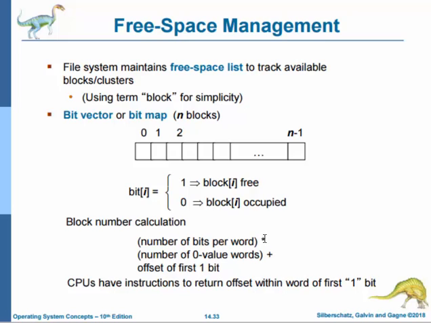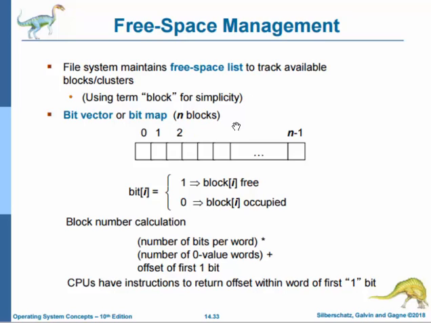Now, since storage space is limited, we need to reuse the space from deleted files for new files if possible. To keep track of free disk space, the system maintains a free space list, which records all the free device blocks, those that are not allocated to some file or directory.